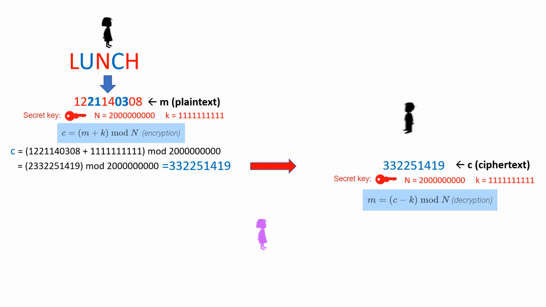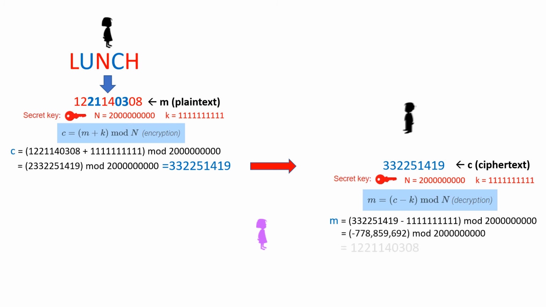So he would take what he's got, the C, and then subtract K, then take mod N and get a new number M, which is again the plain text, and then he would be able to go to that alphabet chart and find what the message was. So he would do that.